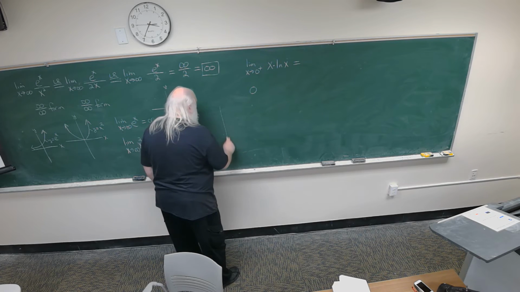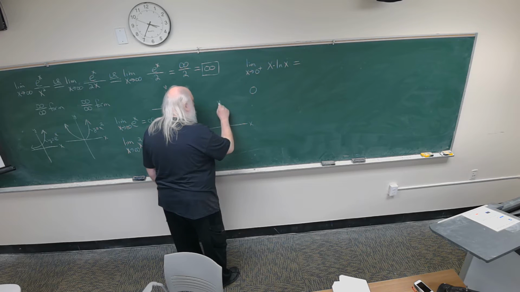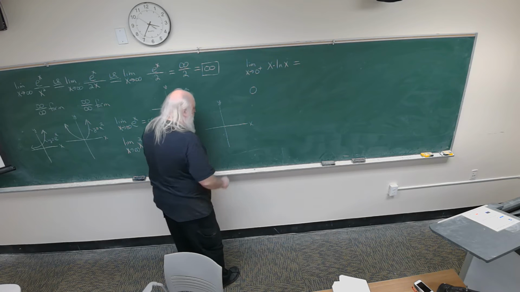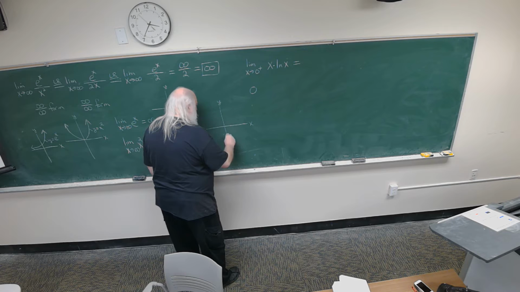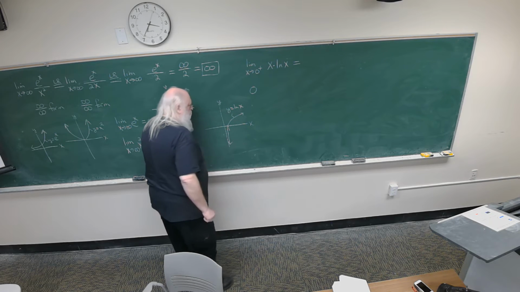Now, let me remind you of the graph of the natural log function, the natural log of x. It looks something like this, crossing the x-axis at x equals 1.